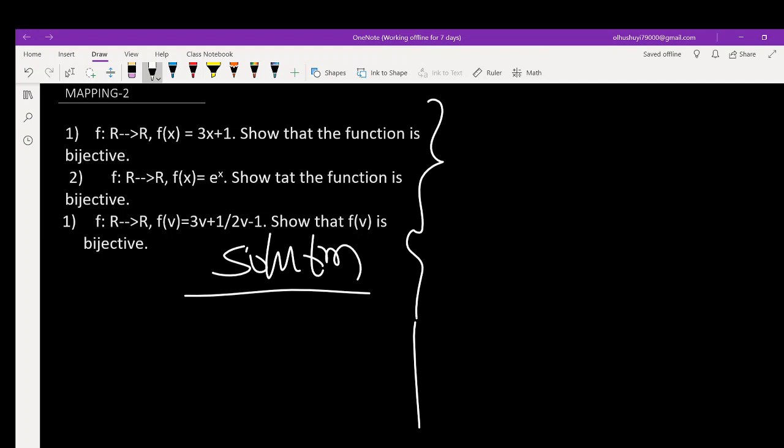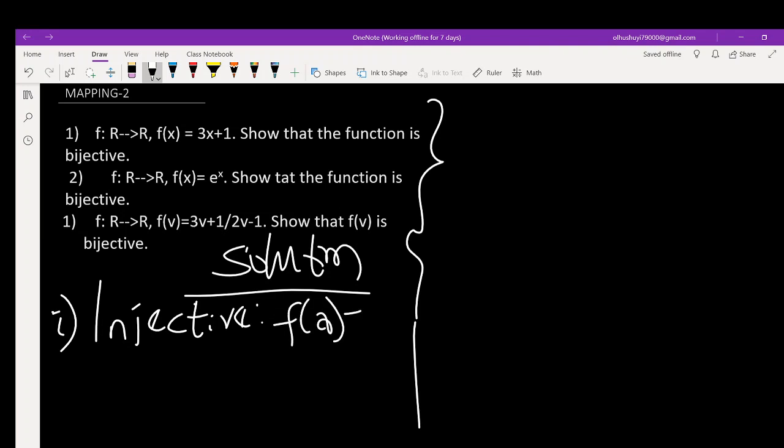And how do you show that the function is injective? You need to show that f of a is equal to f of b. If you're able to show this, you have successfully shown that the function is injective.